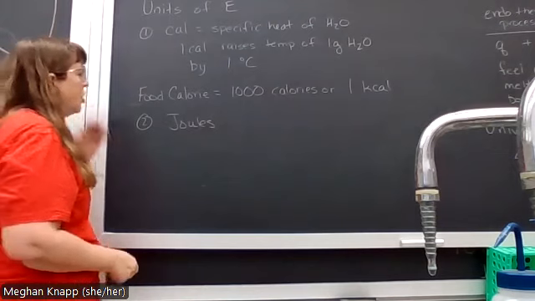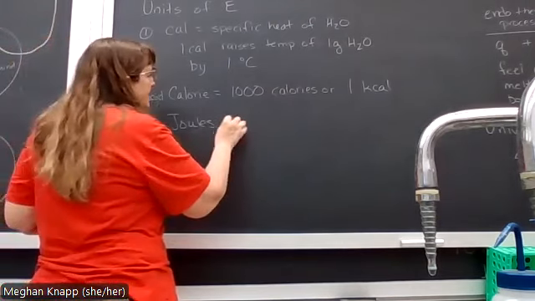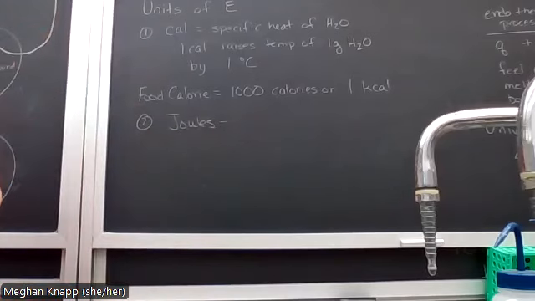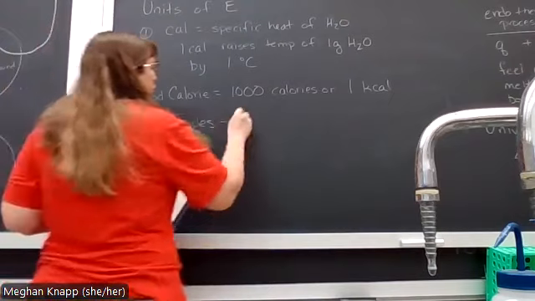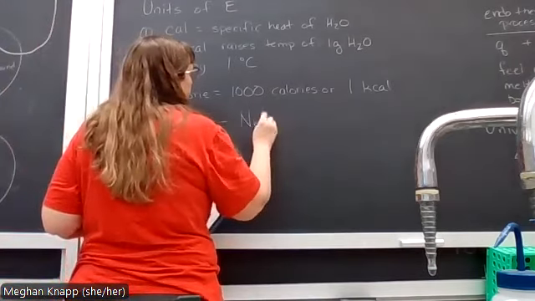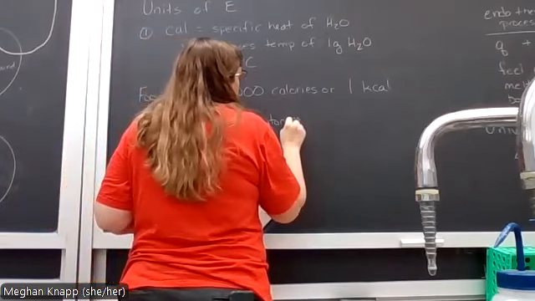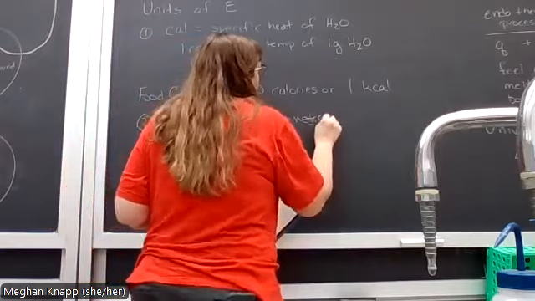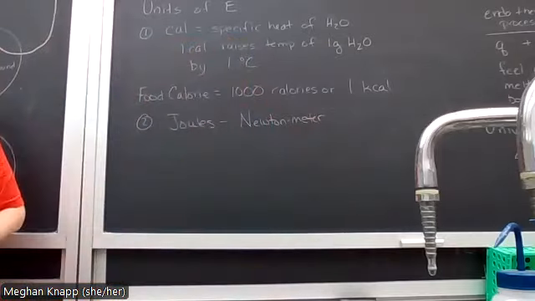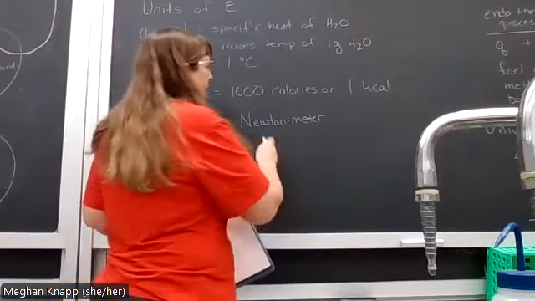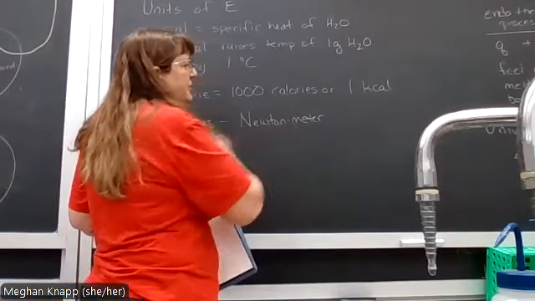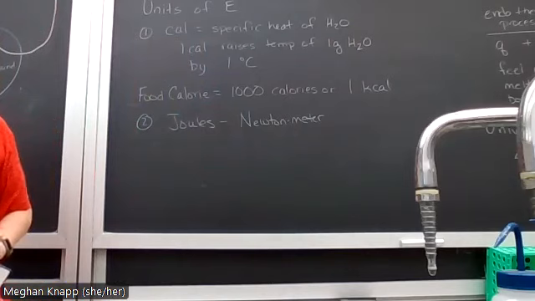Okay, so for joules, this is a measure based on the metric units. So this is a Newton meter. So if you've had physics, you know you measure force in newtons, and moving something with a force over a distance, that's a definition of work.